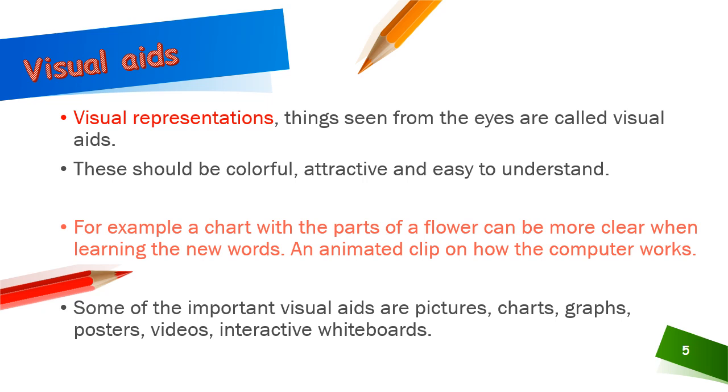For example, if we are going to teach the parts of a flower, you can draw it in a colorful poster and show them, which will be more interesting for the students, of course. As I said, visual aids are divided into 2 parts. Now, let's see what they are.